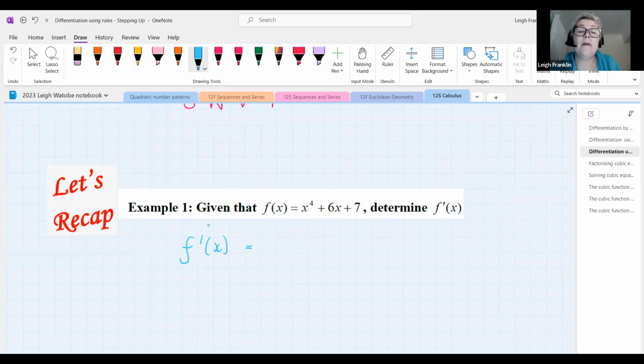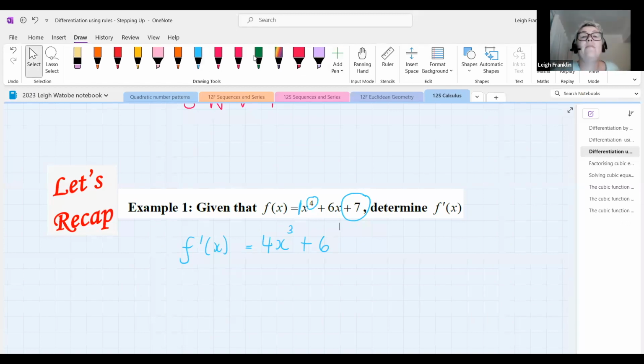So remember, when we apply the power rule, we are multiplying the exponent with the coefficient. In this case, it is 1. So we would say 4 times 1 is 4. And then we're going to take 1 away from our exponent and we're going to get 3. And we're going to do that to each term. Okay, so the next term is going to be plus 6. And then if you recall, whenever I find the derivative of a constant, it is equal to 0.